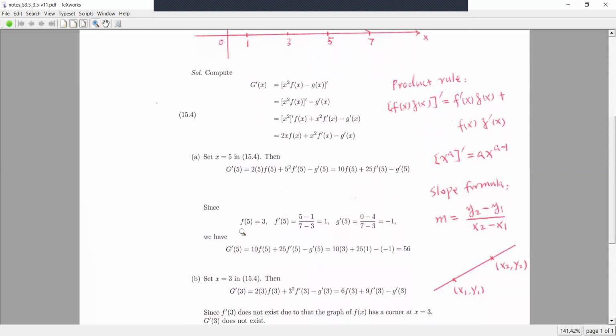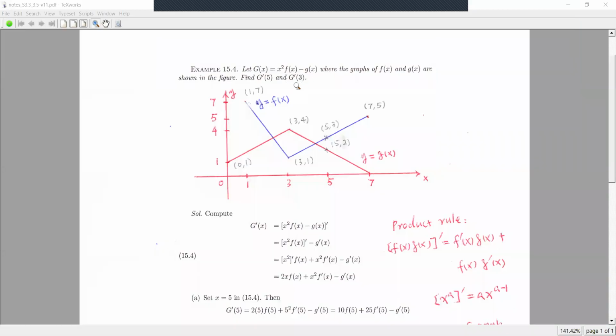Here is the computation of the function value at 5, the derivative of f at 5, and the derivative of g at 5. Now, plug in this data in this expression. Then we get the derivative of big G at 5 is 56.